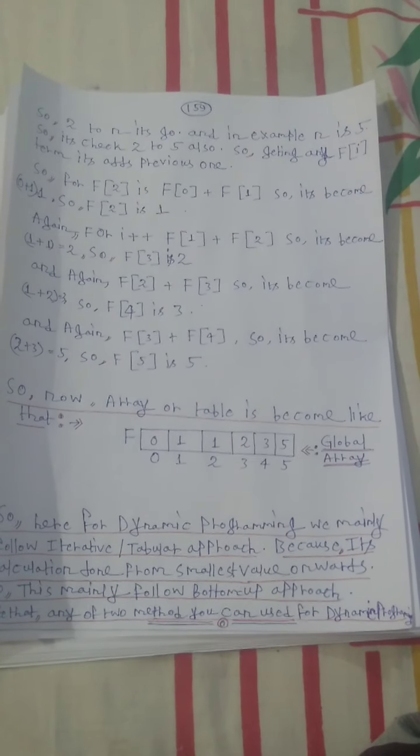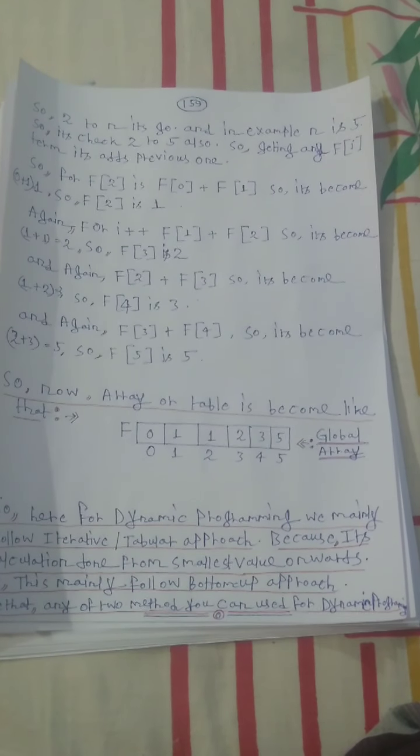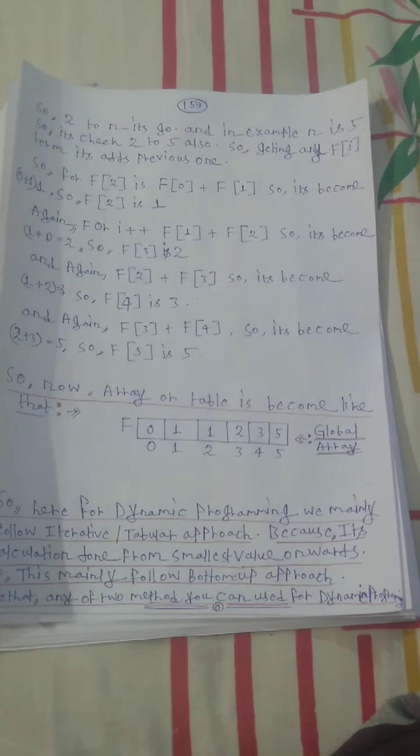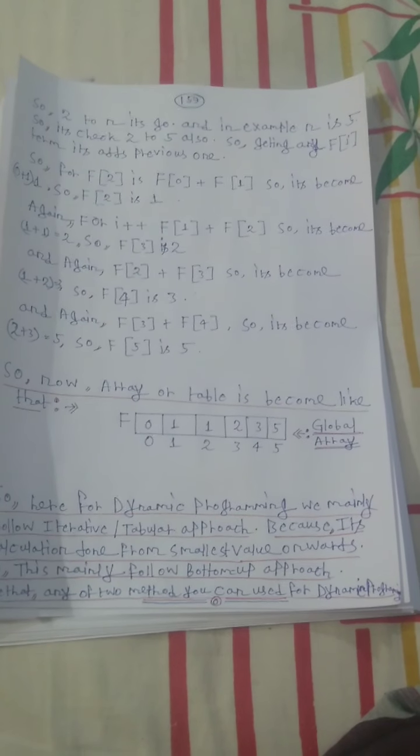So f2 is f0 plus f1, which is 0 plus 1 equal to 1, so the f2 value is 1. Again, for the i plus plus condition, f1 plus f2 is 1 plus 1 equal to 2, so f3 is 2. Then f2 plus f3 is 1 plus 2 equal to 3, so f4 is 3.